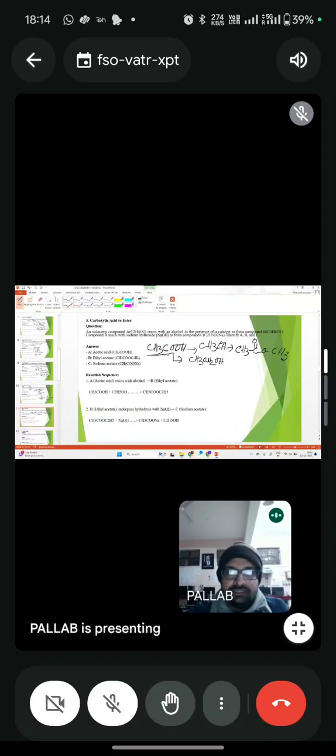Let's check with ethanol. So the formula of the compound will be CH3COOCH2CH3. Here there is some printing mistake, my dear students, because it will be C4.